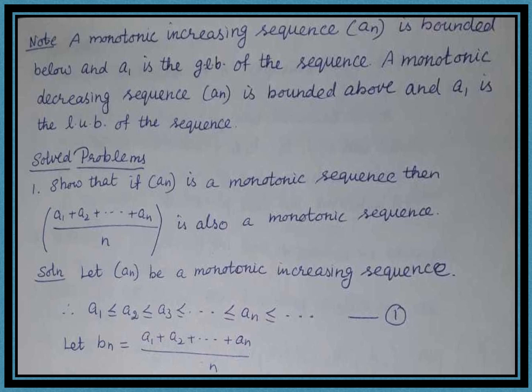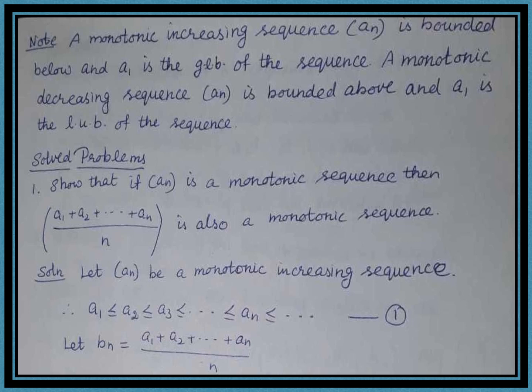Show that if the sequence an is a monotonic sequence, then the sequence a1 plus a2 plus etc. plus an divided by n is also a monotonic sequence. We are not told whether it is monotonic increasing or decreasing. It is a monotonic sequence.